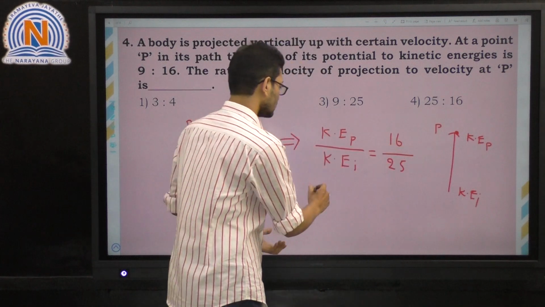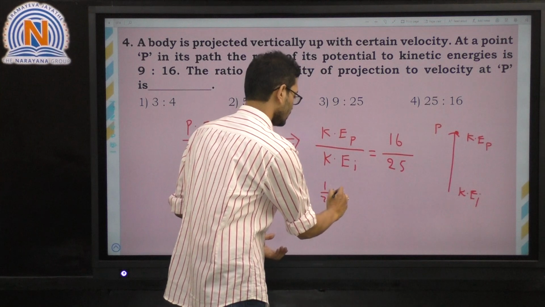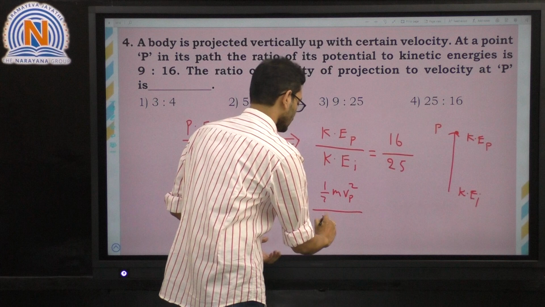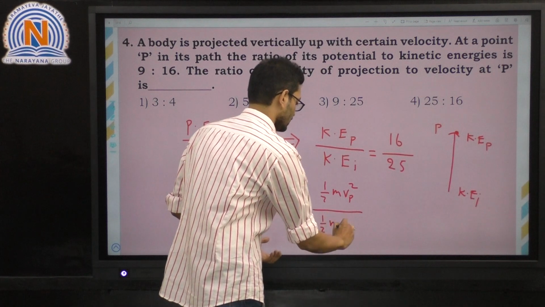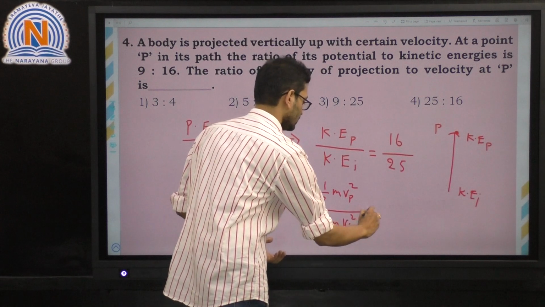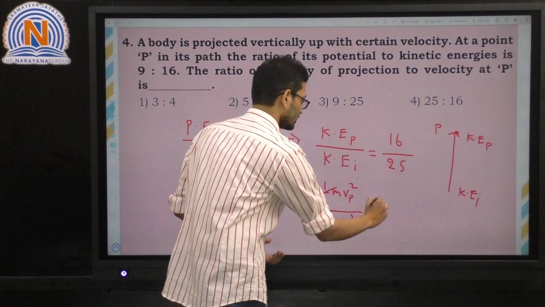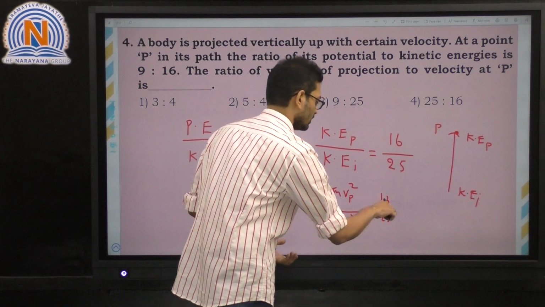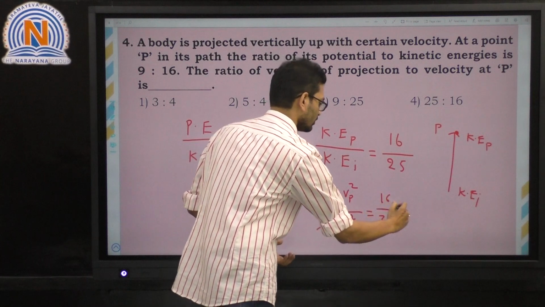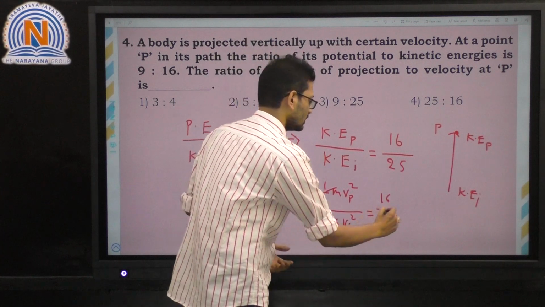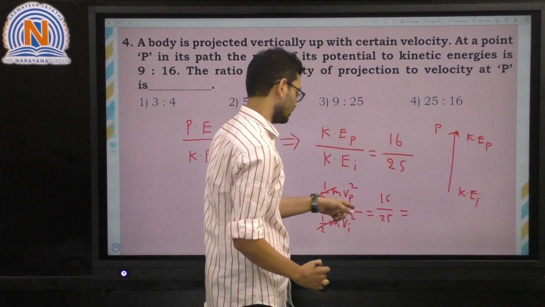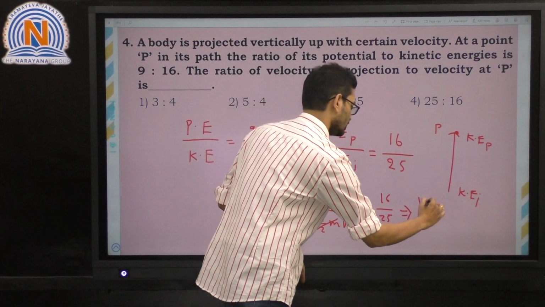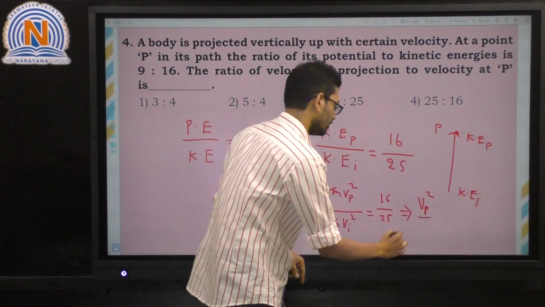So now let us write it as half m vp square by half m vi square is equal to, half m gets cancelled, 16 by 25. Now this is nothing but vp square by vi square.